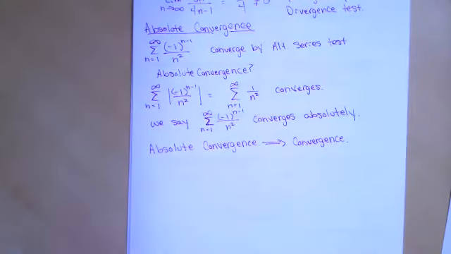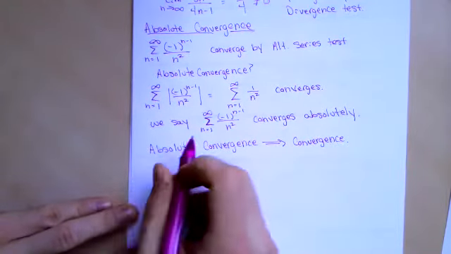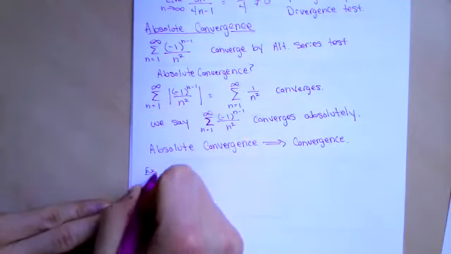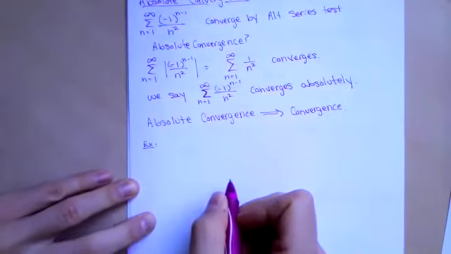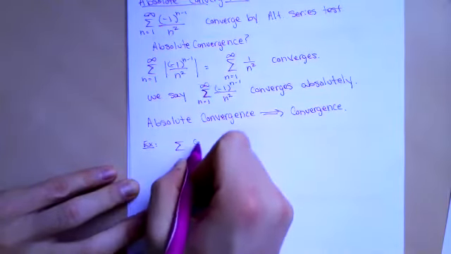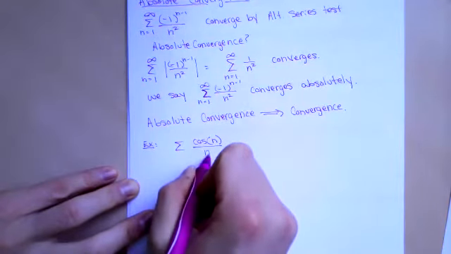But then occasionally you get these sequences that aren't quite alternating, that are just kind of funky with some sort of trig functions, namely sine or cosine. So for example, let's suppose we want to determine the convergence of a sequence that is given by cosine of n over n squared.